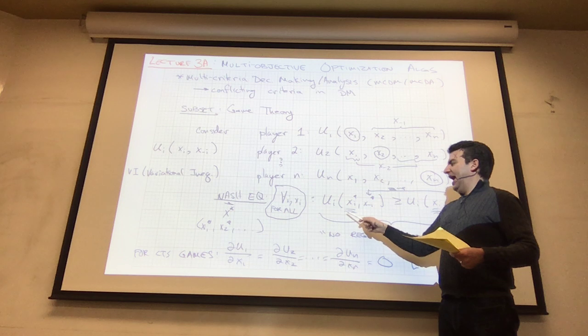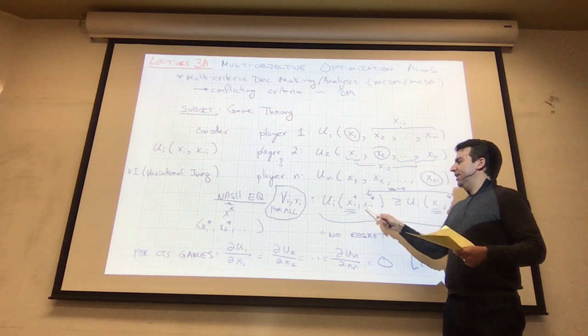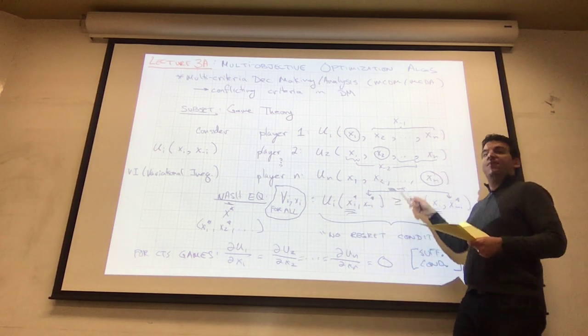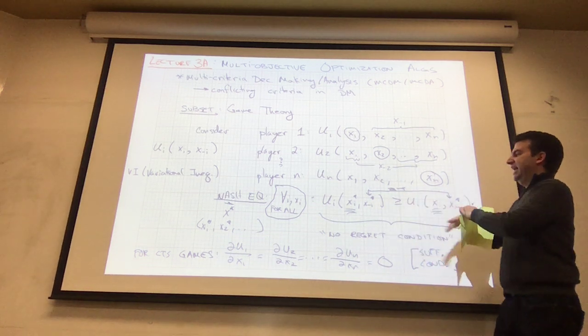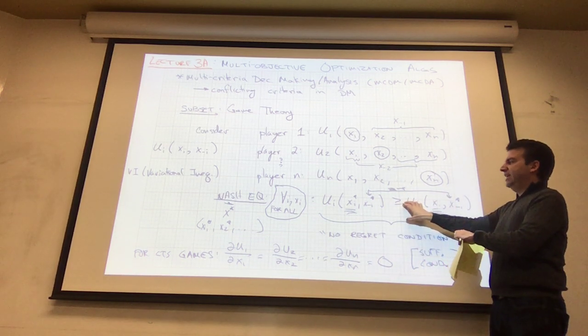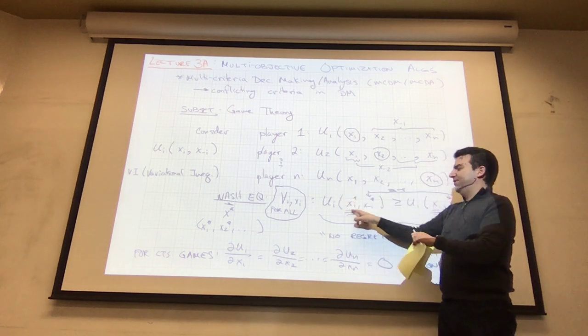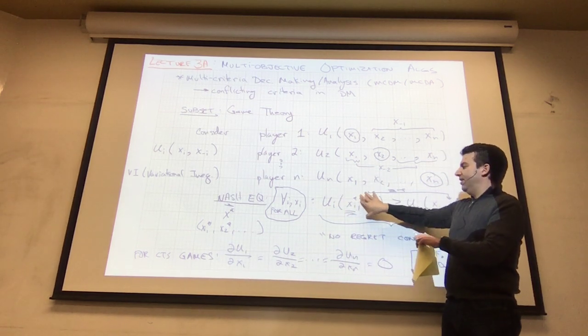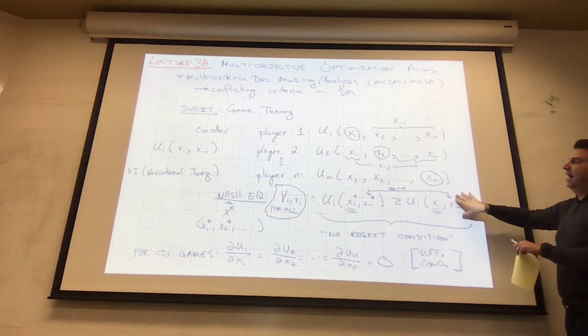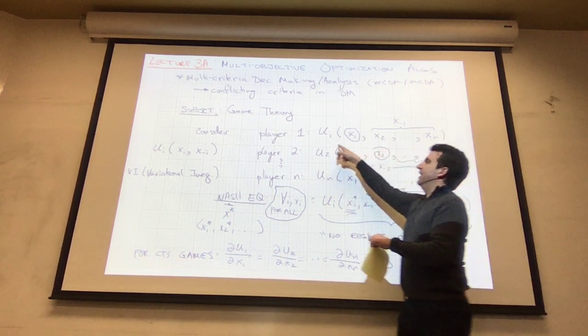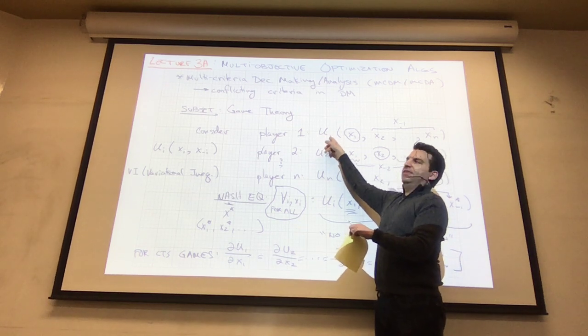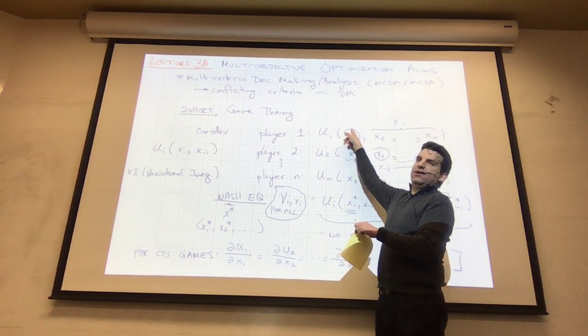U5, x1 star, x2 star, x3 star, x4 star, x5 star, x6 star, 7 star, 8 star, where I've basically taken that x5 star and, for notational convenience, put it as the first argument, and taken everybody else and put them as the arguments after it. I've just resorted them so they're all in this ordering, so that whoever is the index here, the variable shows up first.